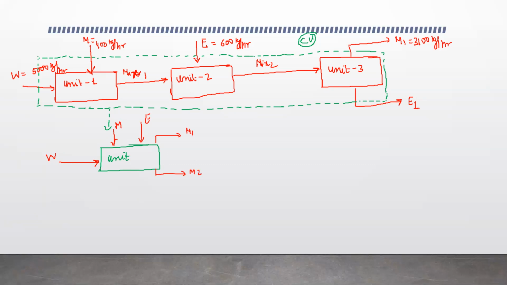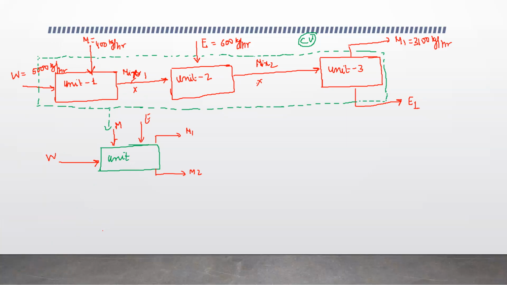I'm not going to consider anything else that is within this green box. Assume that all the other things inside are no more. Only whatever is going out and coming in overall is going to be counted. So we have not taken Mix 1 and Mix 2, because they are basically inter-unit transfers, from unit 1 to unit 2 and unit 2 to unit 3.